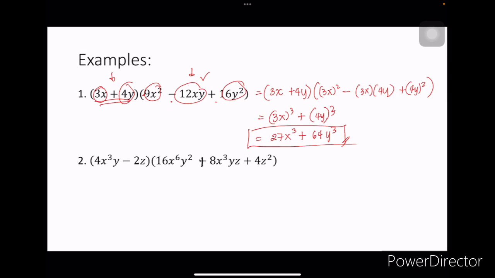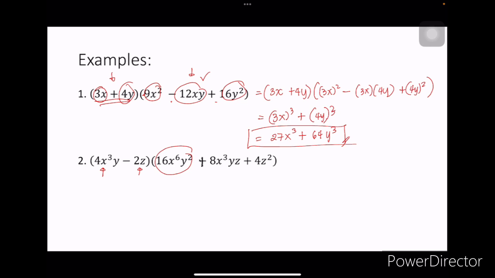If it doesn't satisfy the formula, well then we will do the FOIL method. So this is the first term, this is the second term, and this is the first term for the trinomial. So does this first term in the trinomial satisfy the equation?